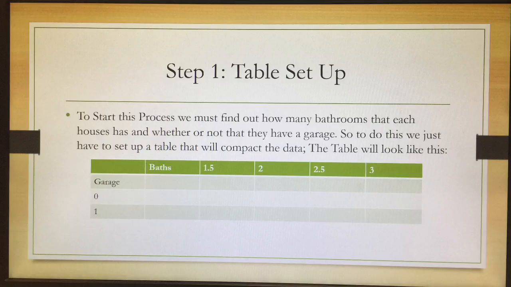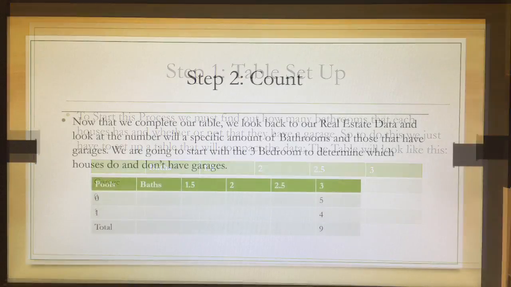So as we did before with the pools, we're going to have the baths on top and the garage on the left hand side. Once again, we're going to be figuring out how many of these baths have a garage, and how many do not have a garage.